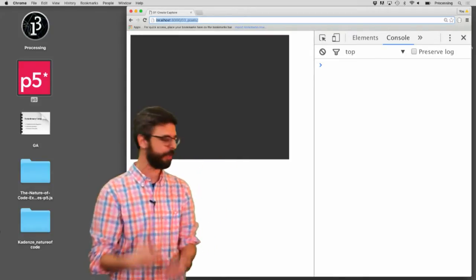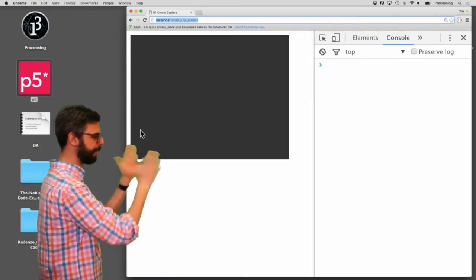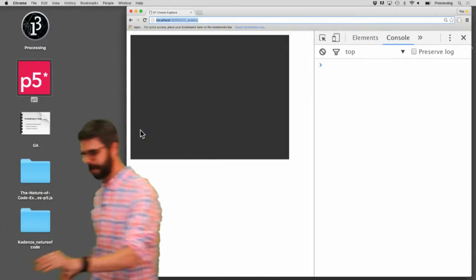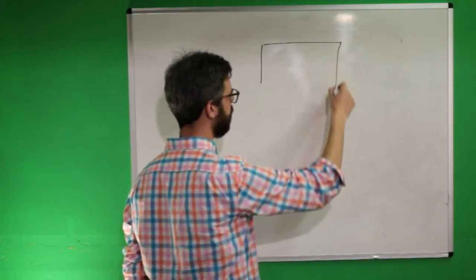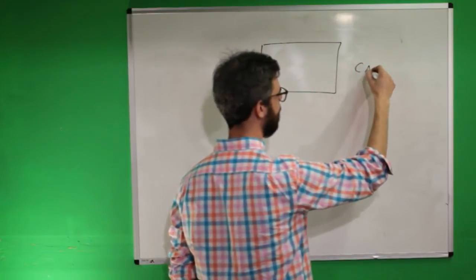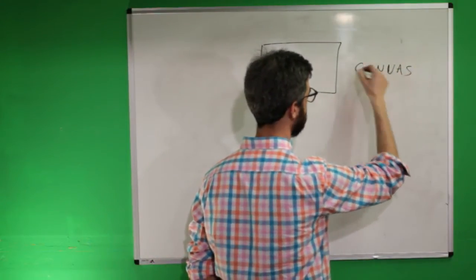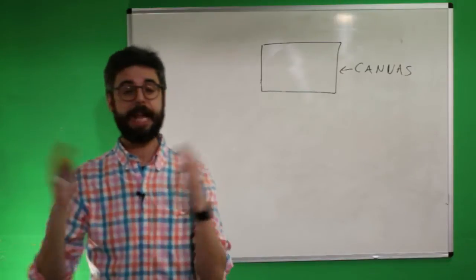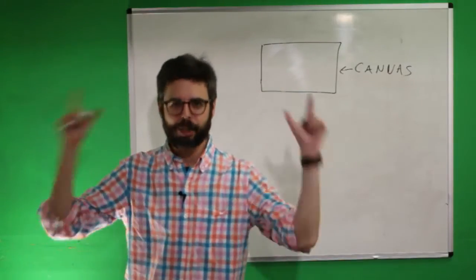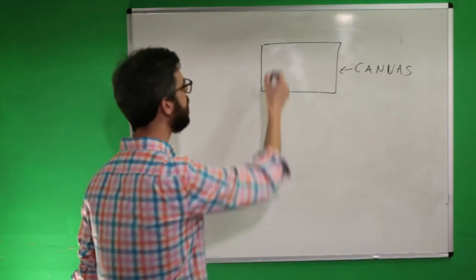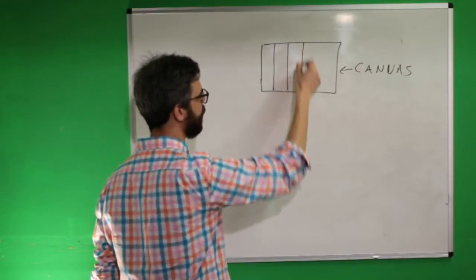So that I'll get to in the next video, but right now I just want to look at how does the pixel array work. So let's come over here to the whiteboard for a second and discuss what's at play here. So here is what I'm calling the canvas. Canvas, image, whatever you want to think about it, an image on a computer is a rectangular thing, which is essentially a grid of pixels.